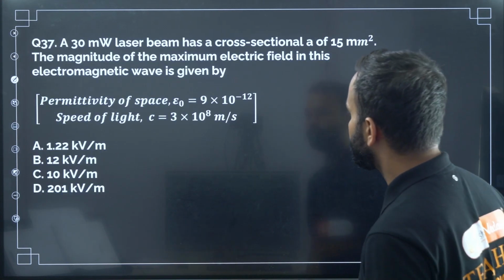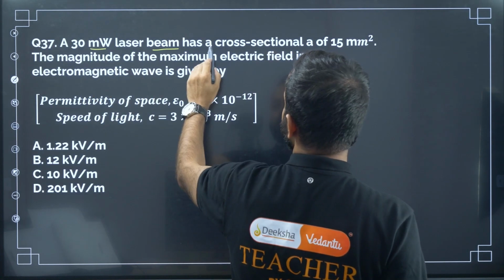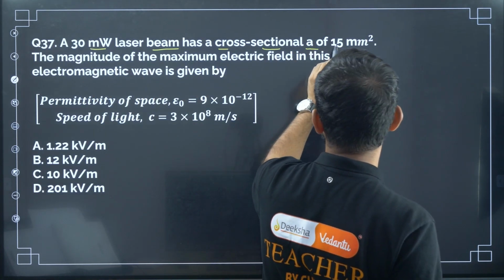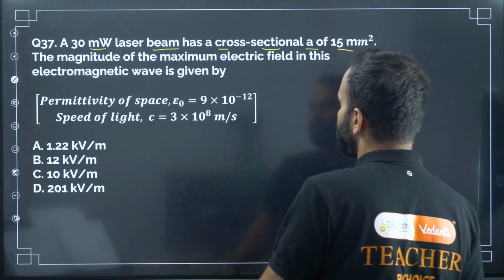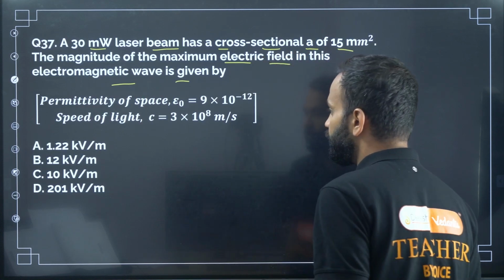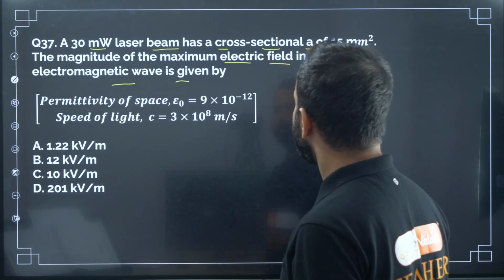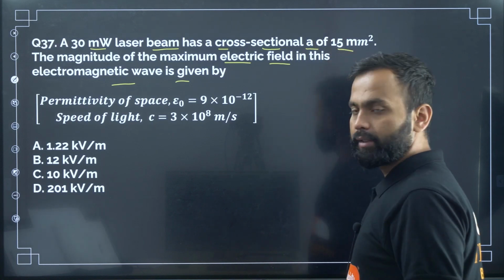Next question, question number 37. A 30 milliwatt laser beam has a cross-sectional area of 15 millimeter square. The magnitude of the maximum electric field in this electromagnetic wave is given by. We need to find the maximum electric field of this electromagnetic wave.